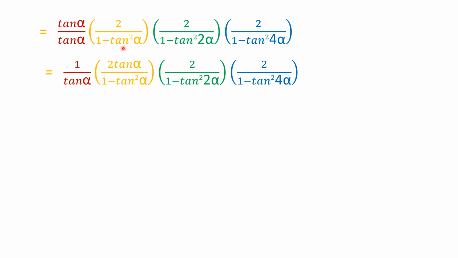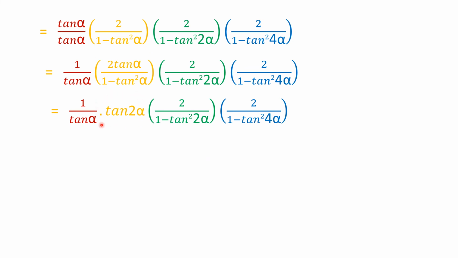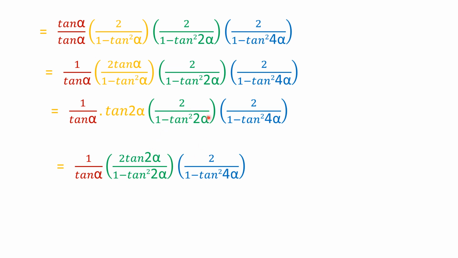So what is this formula of? It is the formula of tan 2 alpha. So in its place, we can write tan 2 alpha, and the remaining terms same to same. Again, this tan 2 alpha will multiply these two. Upon multiplication, we will get in this bracket 2 tan 2 alpha over 1 minus tan square 2 alpha. The last term as it is, the first term as it is.